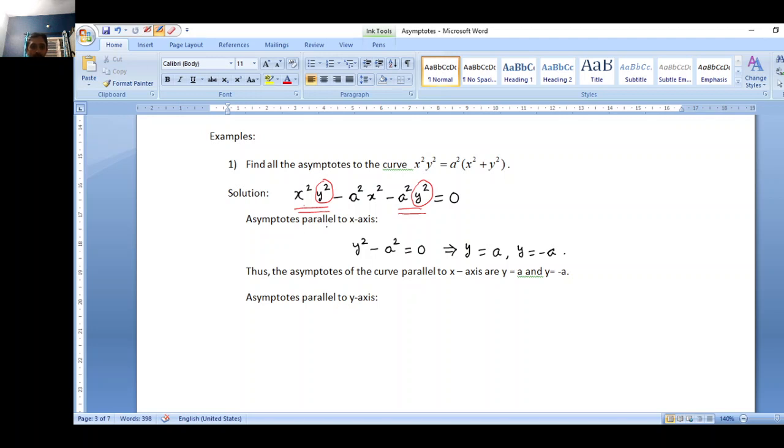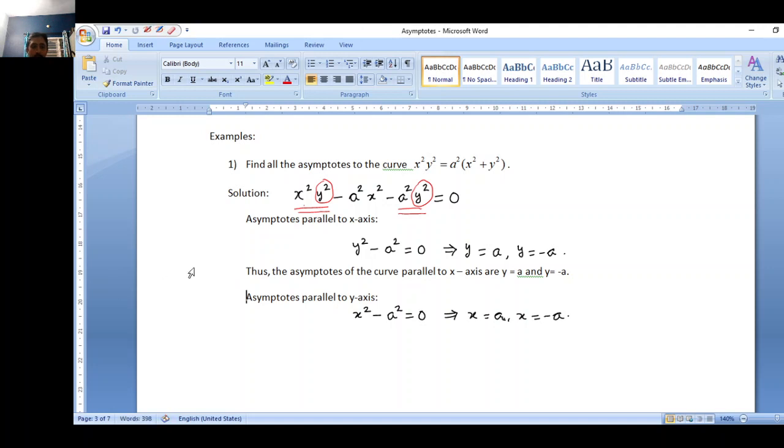So the coefficient of y square here is x square and the coefficient of y square here is minus a square. So equating those to 0 will give us x equals a and x equals minus a. Right?